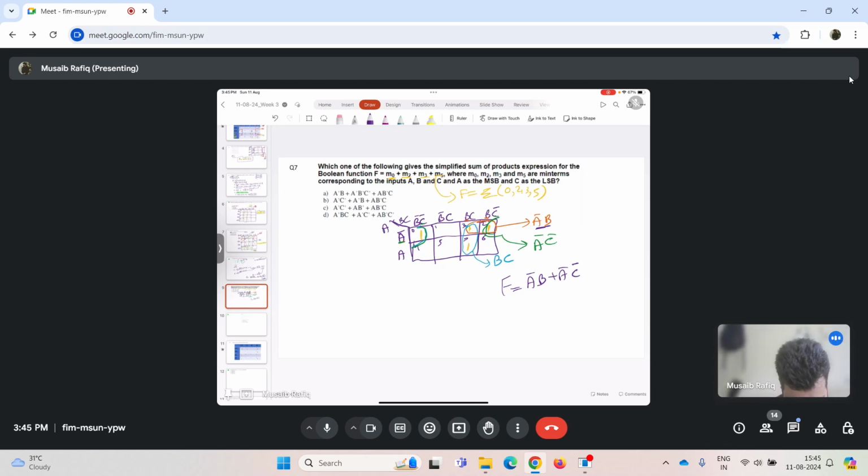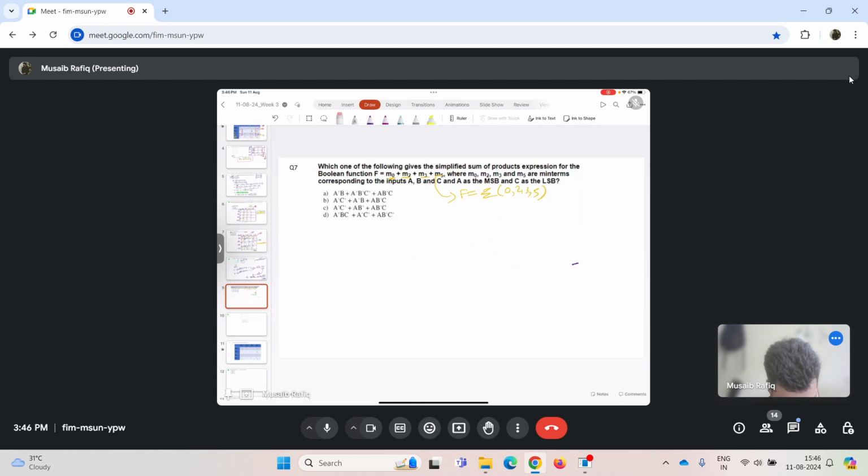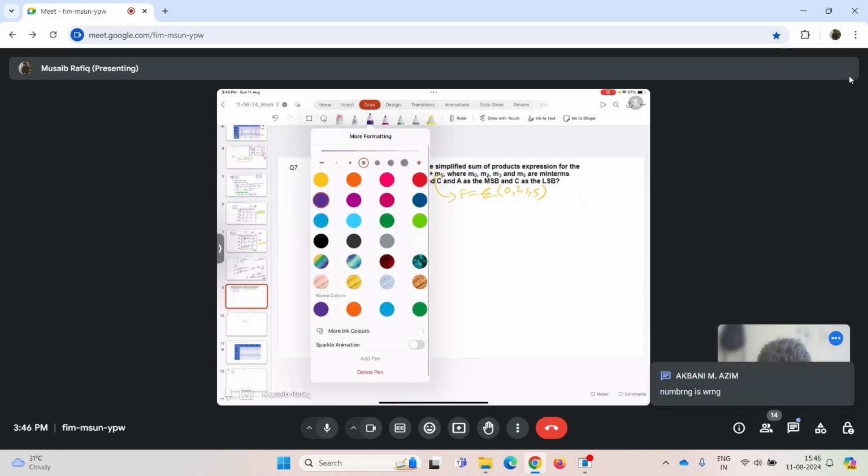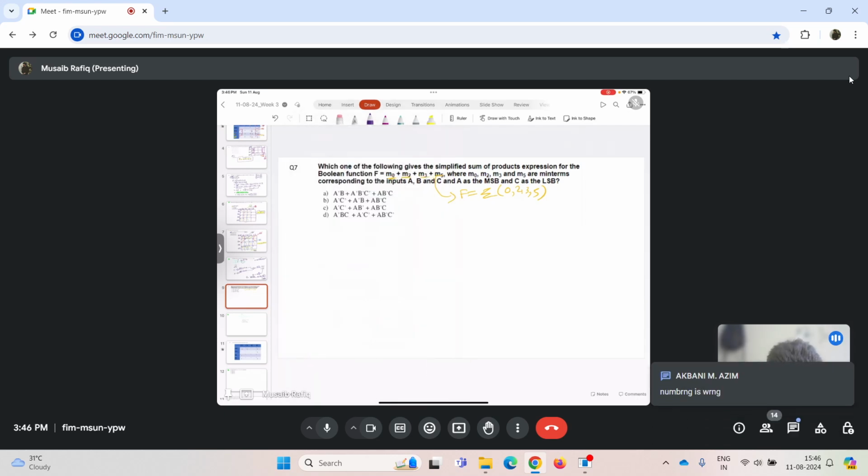Yeah, I made a mistake here. I have marked 7. This was not here. Let me just do it again. I think you should have corrected me here. Let me just do it again. So my f is equal to 0, 2, 3, 5.